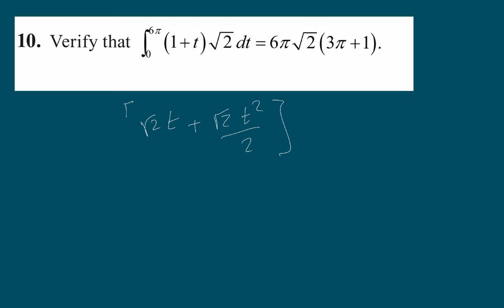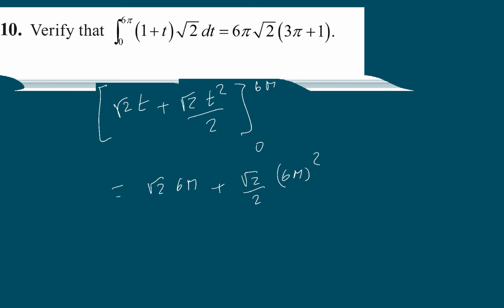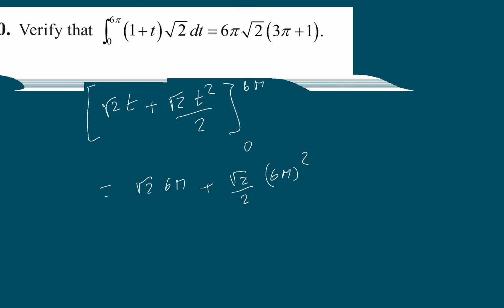If I evaluate everything between 0 and 6 pi, it will be square root of 2 times 6 pi plus square root of 2 divided by 2 times 6 pi squared. So is this the same thing that it says? Okay, let's do it.